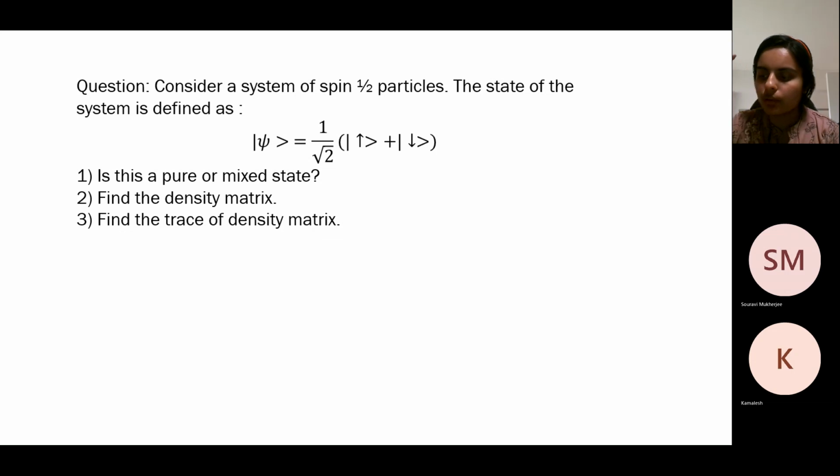Are you getting all the four combinations? So the outer product of up, up, up, up, down, down, right? Down. Yes, ma'am. In bra-ket notation.